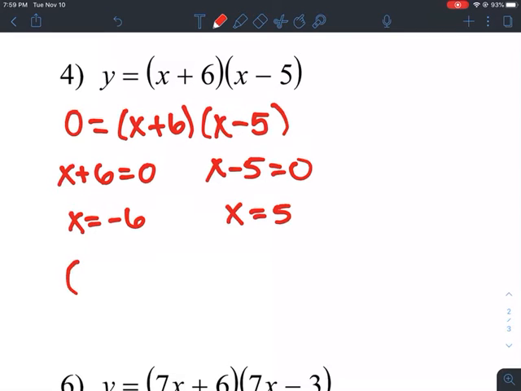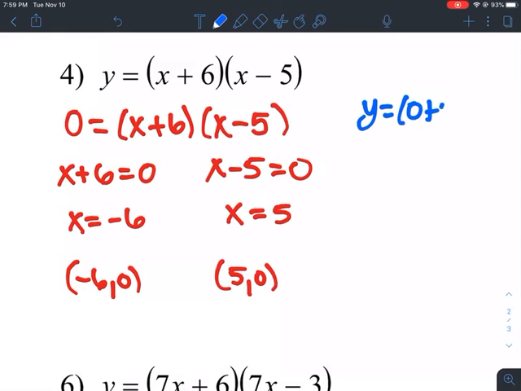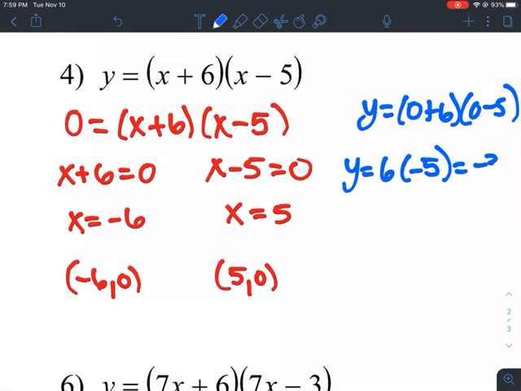So it touches the x-axis at the points -6, 0 and 5, 0. For the y-intercept, I'm going to plug in 0 for x, which is going to give me 6 times -5, which is -30. So it touches the y-axis at the point 0, -30.